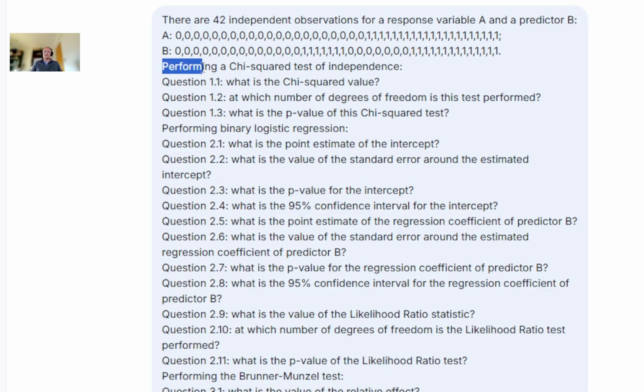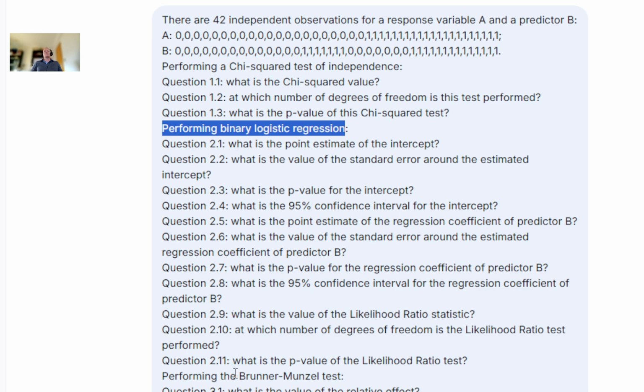First of all, 3 questions around the so-called chi-squared test of independence: the chi-squared value, the number of degrees of freedom, and the p-value of that chi-squared test. Then we have binary logistic regression, because remember we use A as response variable and B as predictor, so given that both are binary variables, we can perform binary logistic regression.